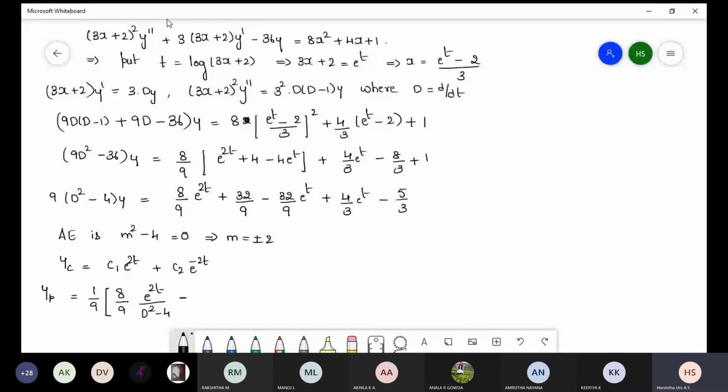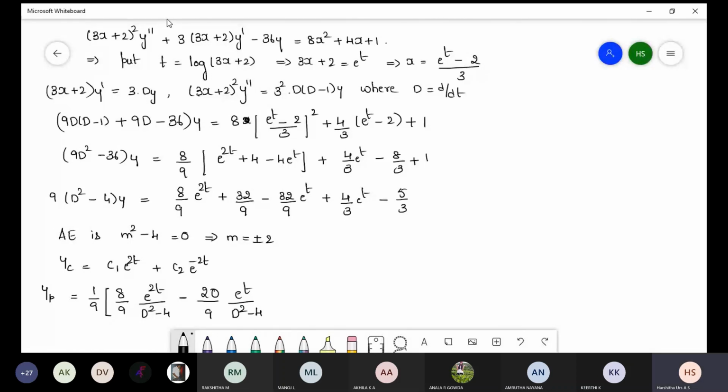So −32 + 12. How much will it become? Yes, 20. Again e^t/(D² − 4), I will write as it is.